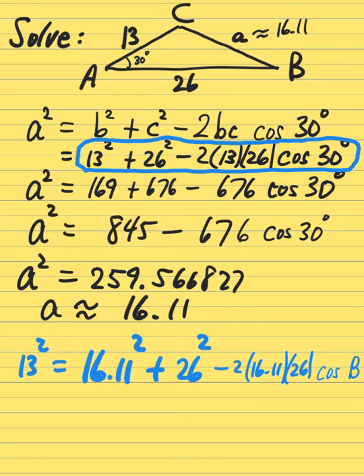That gives me negative 766.5321 equals, now this negative 2 times 16.11 times 26, that gives me a negative 837.72 cosine B.